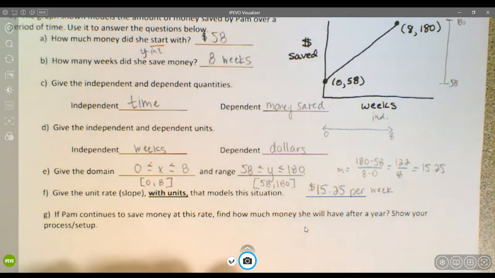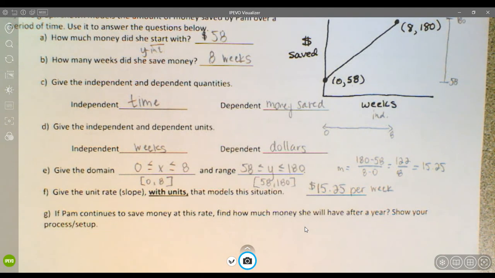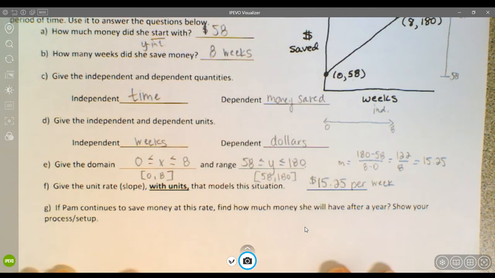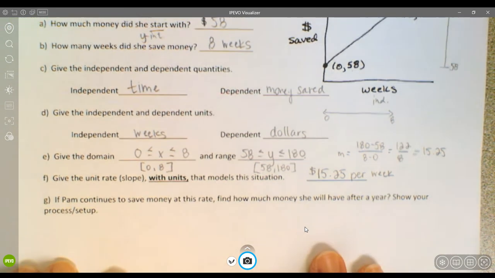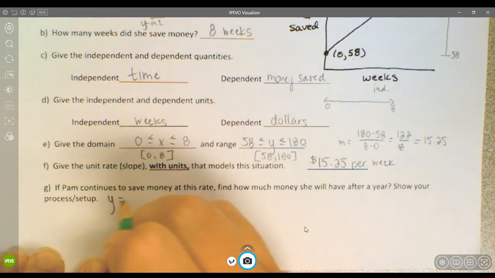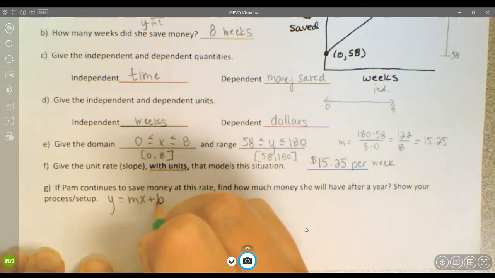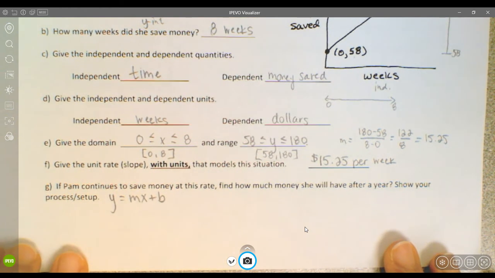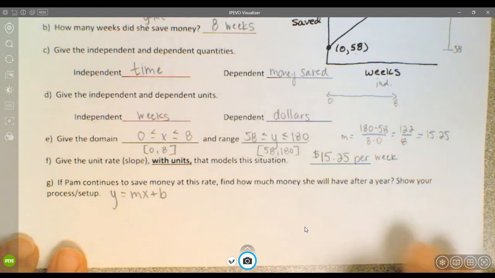That's not bad. If Pam continues to save money at this rate, how much money will she have after 1 year? Well, show your process and your setup. My process always starts with an equation. And for this equation, I like slope-intercept form. So let's fill in what we know.